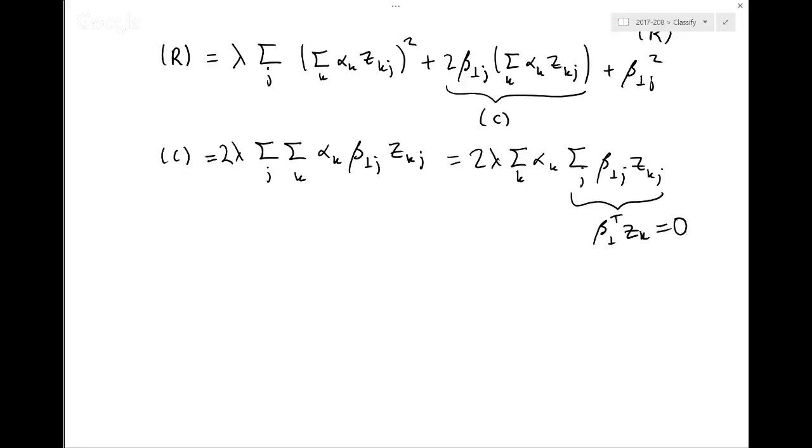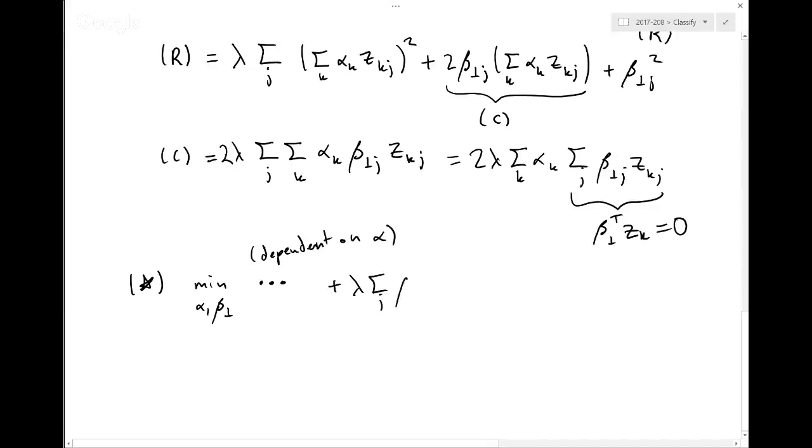So I'm just going to say star is minimized over our selection of alpha and beta perpendicular of something, and I'm just going to put the ellipses there, that's only dependent on the alphas, not on the beta perp, plus our lambda sum over j of beta perp j squared.